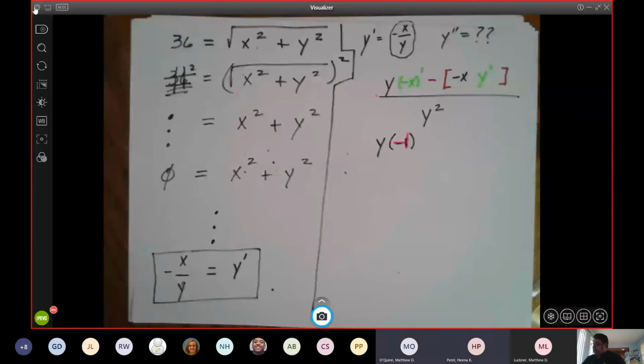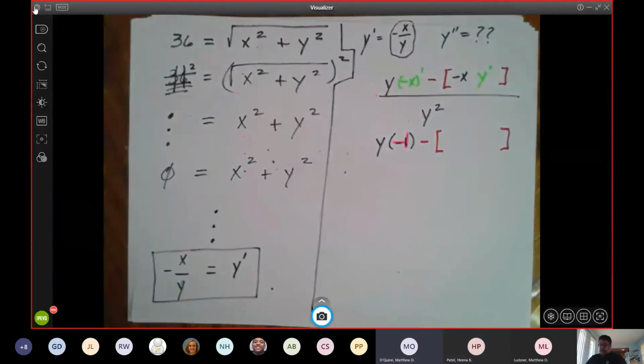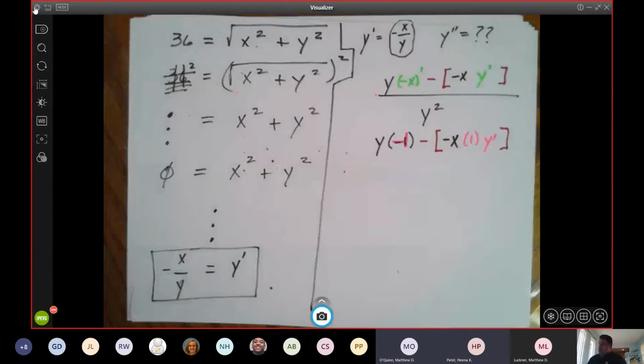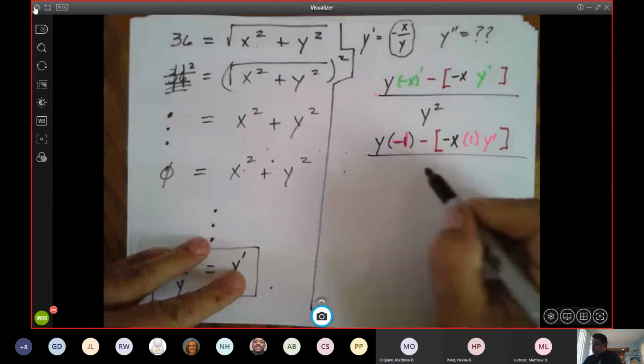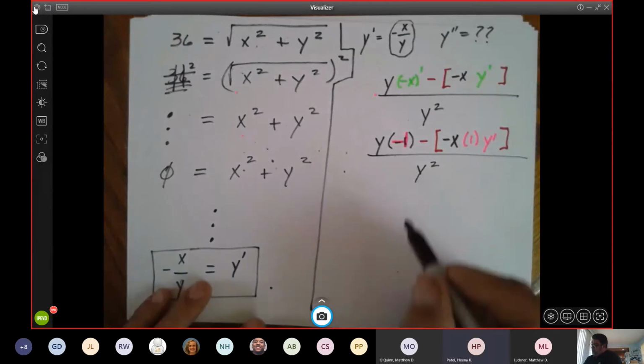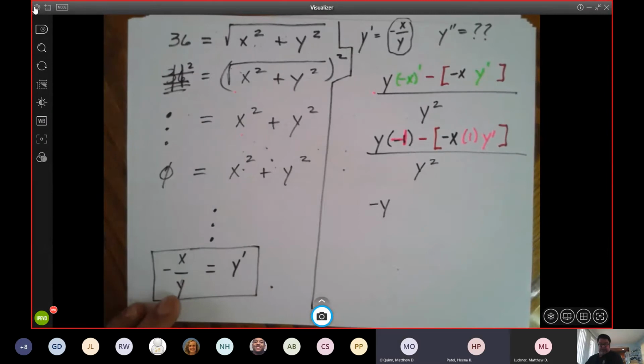Minus negative x times 1 times y prime all over y squared. I'm just going to clean this up a little bit. That looks like negative y plus x y prime.